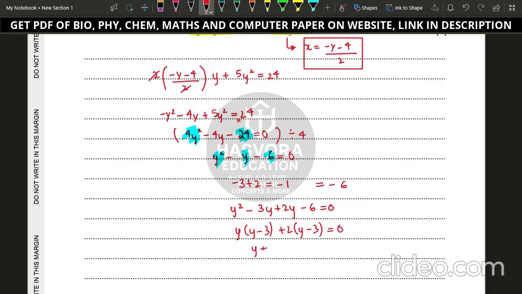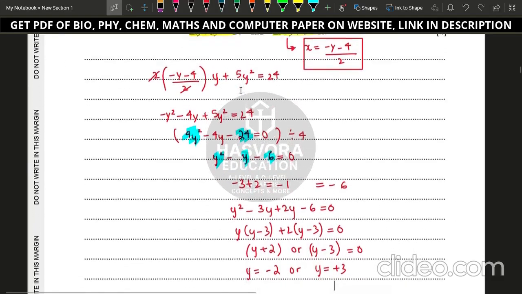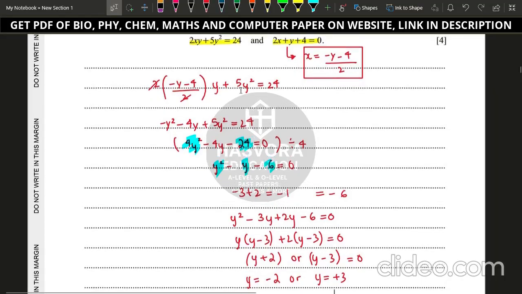So this is going to become y plus 2 or y minus 3 equals 0. These are the two factors, and then this is going to become y equals minus 2 or y equals plus 3. Now you have the y coordinates. Now what you will do is plug them into the equation to get the x coordinate. You can plug into any of the equations.